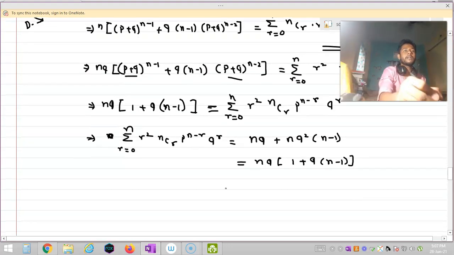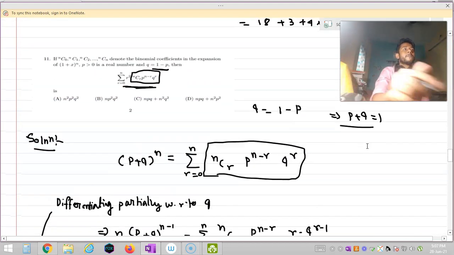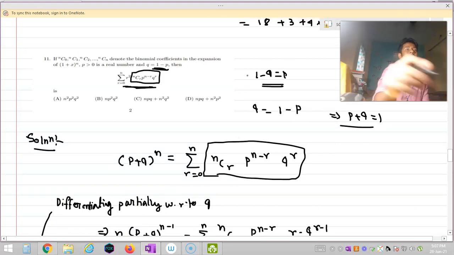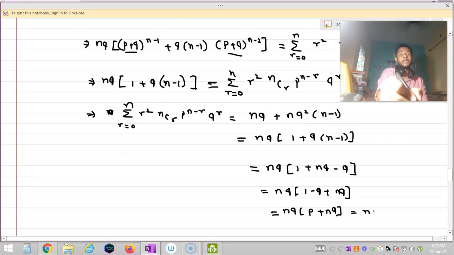So I can also write it as nq(1 + nq - q). So this is nq(1 - q) + n²q². Now 1 - q is equal to p, so I am putting p in place of 1 - q. So it is nq times p plus n²q², which is nothing but npq + n²q².